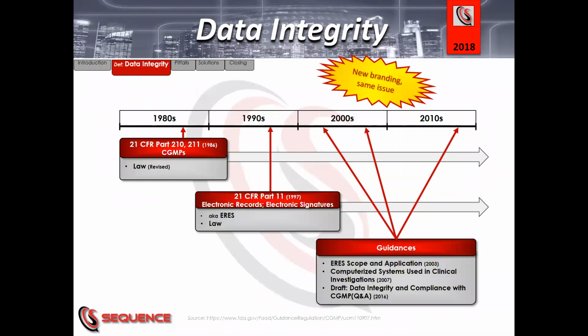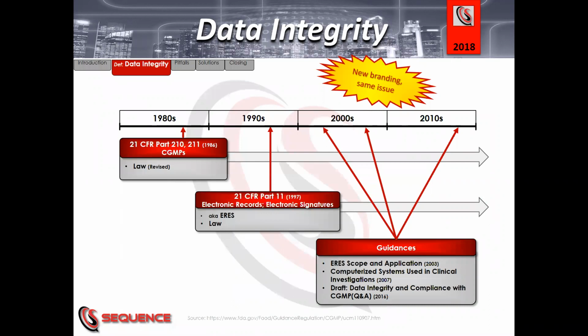More on data integrity. Let's look at the history a little bit. The overall message here is that we have a new branding of a similar issue, a similar law that's been around really since 21 CFR 210 and 211 was revised in 1986. Then in 21 CFR Part 11, people will be familiar with electronic records and electronic signatures, aka ERES.